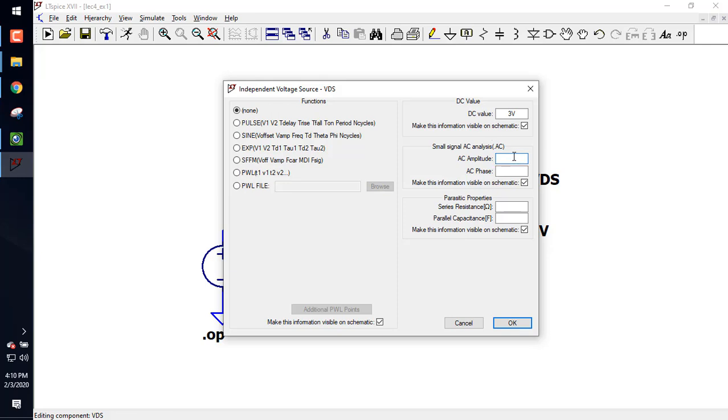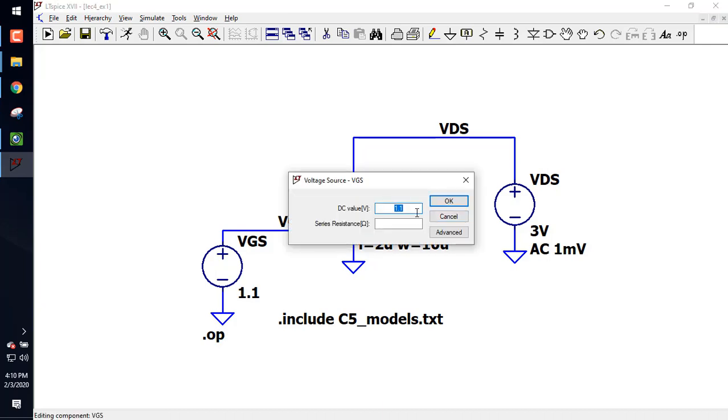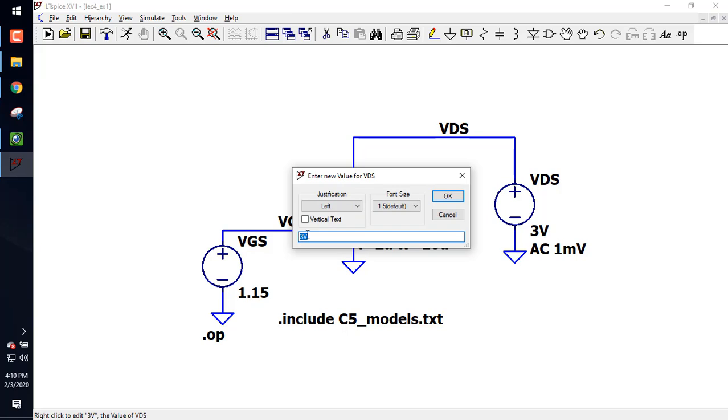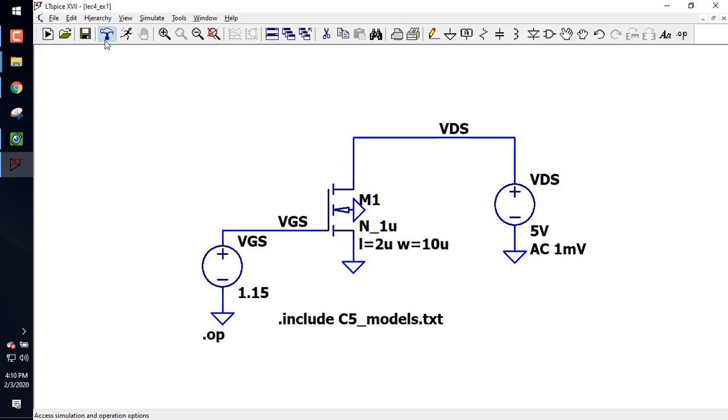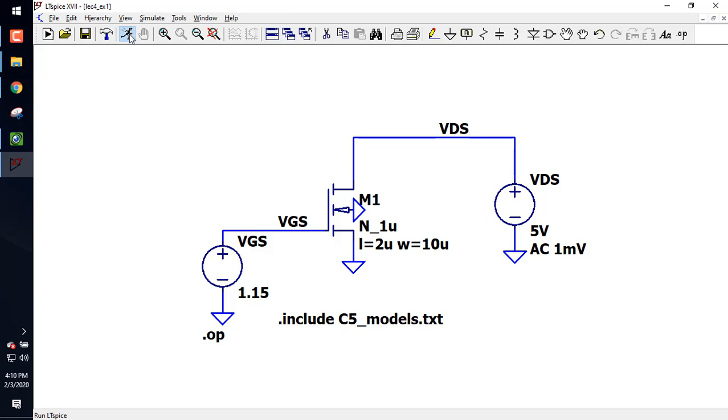Give me a sec, man. And then this was 1.15. And then let's hit run.